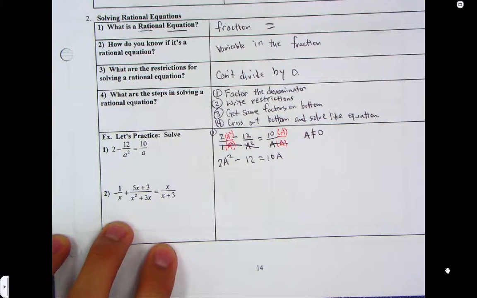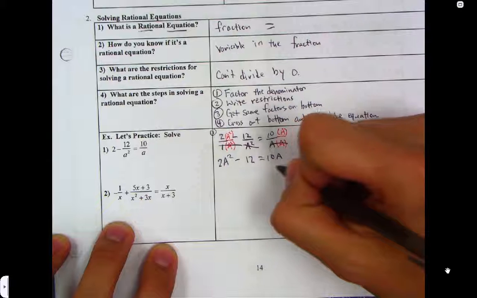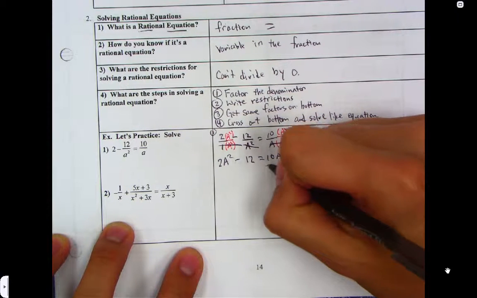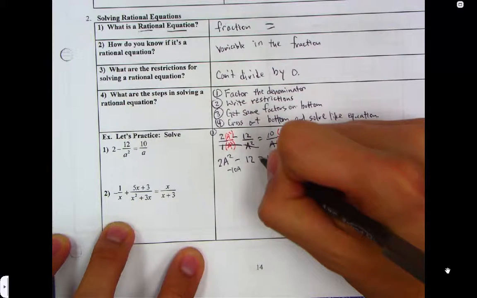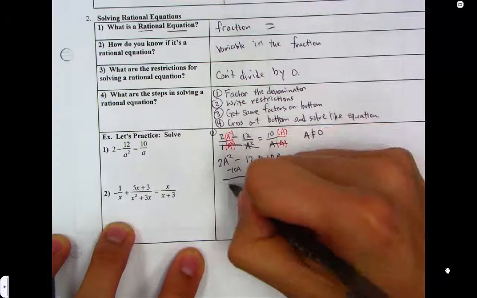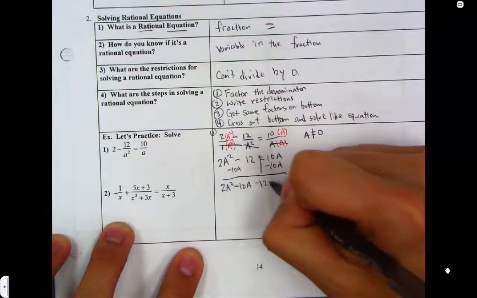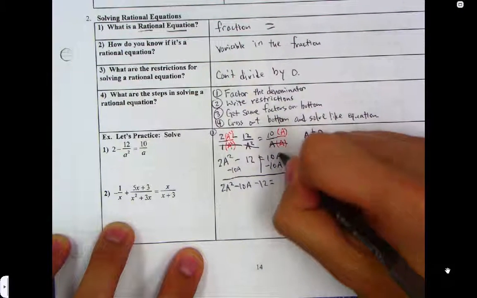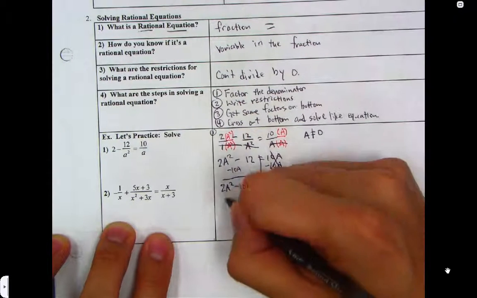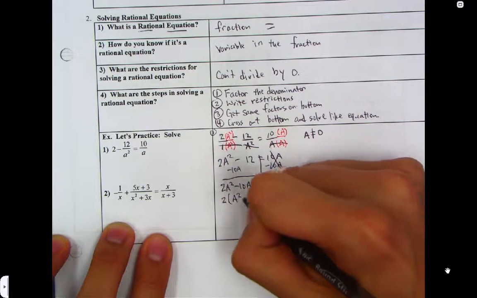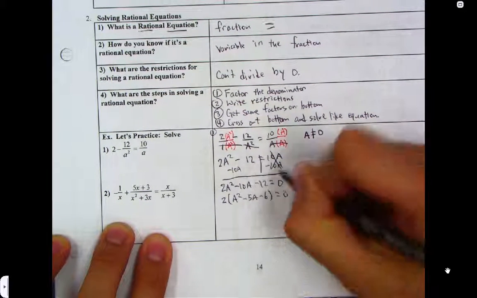So this is a quadratic equation because there's a square. So I'm going to get one side equal to 0. So I'm going to move this over. So subtract 10a on both sides. And then I'm going to factor, take out a 2. And then I'm going to do the diamond.